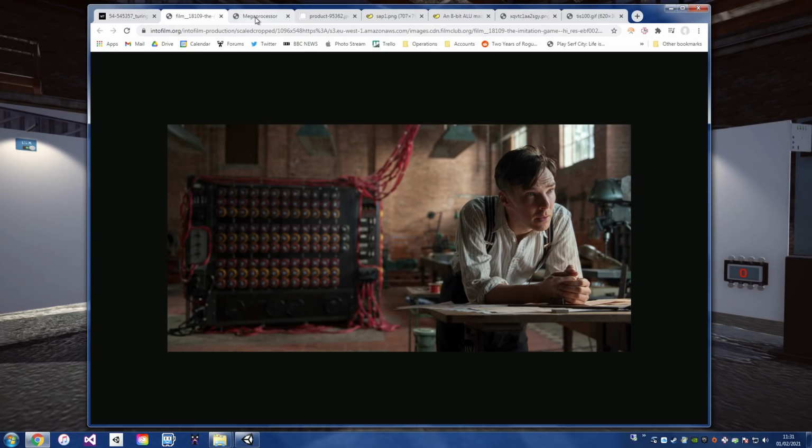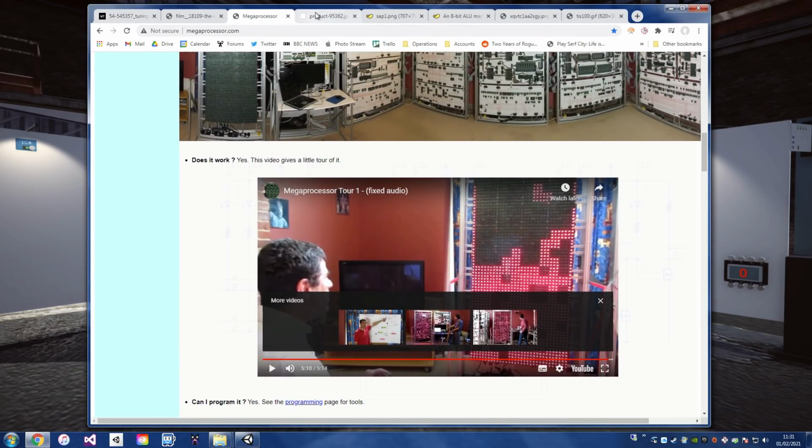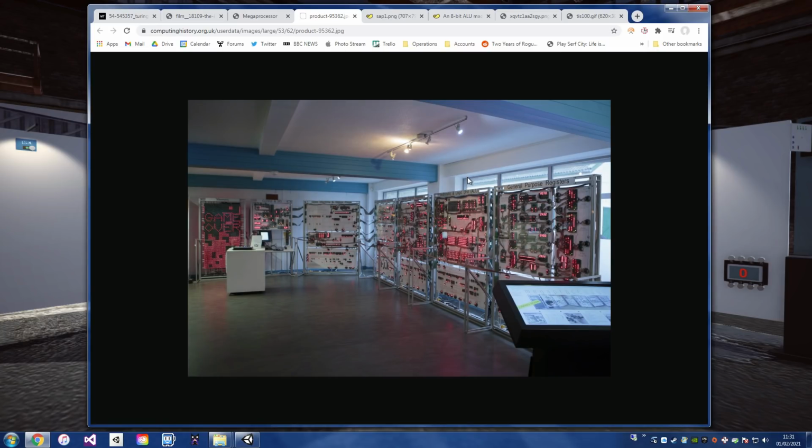If I can just find it, this is it. This is the Megaprocessor that the core game idea comes from. It's in the Cambridge Computing History Museum. I live in Cambridge, so this is just around the corner from me. It's an 8-bit computer built entirely out of transistors.